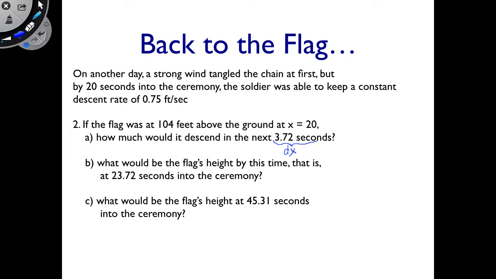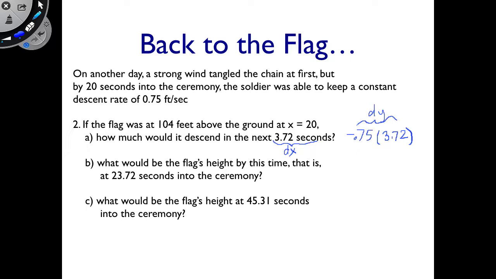If I want to know how much the flag descends, it's still the same computation as before. At this point in time, and during the next 3.72 seconds, the flag's descending at a nice even rate of negative 0.75 feet per second. So we have this expression for dy. dy equals m dx.